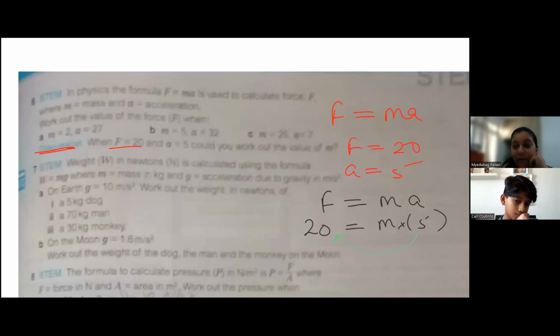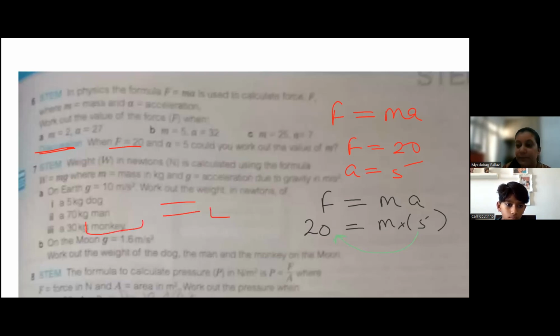Okay, so not 100. See, whenever we transfer terms from one side to the other side, which side I'm talking about? The two sides, the left side of the equals to sign and the right side of the equals to sign. Whenever there is an equation which contains an equals to sign, this is the left side of the equation, this is the right side.